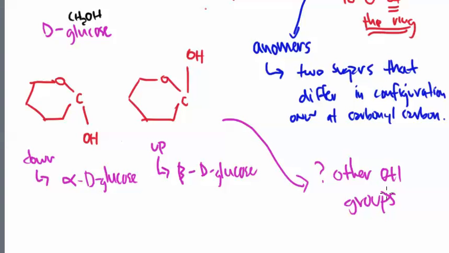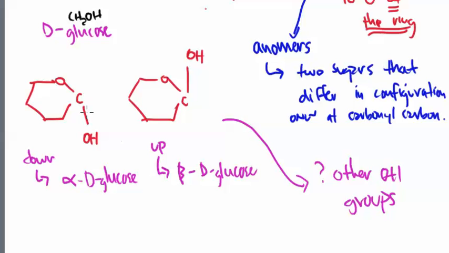What I want you to focus on right now is the whole concept that these straight chain sugars can make rings. And when they make a ring, they hook up with an intramolecular reaction between the carbonyl and the hydroxide of the molecule. When they join, there is an option for this carbon.